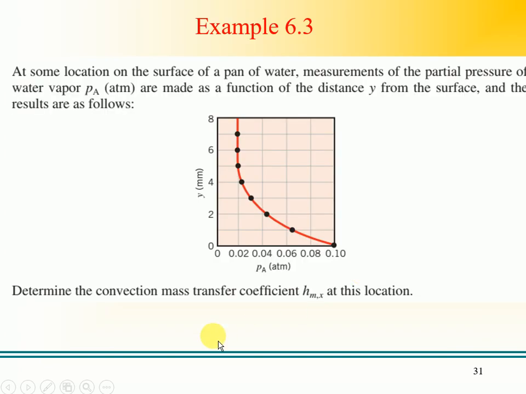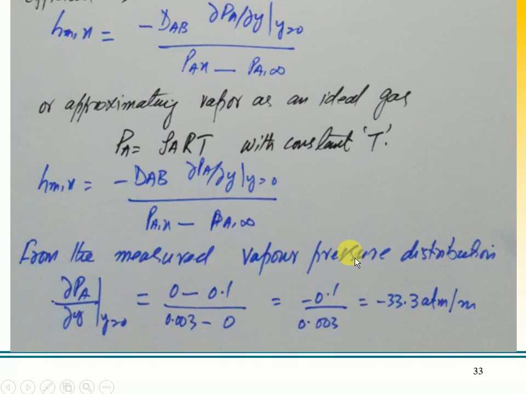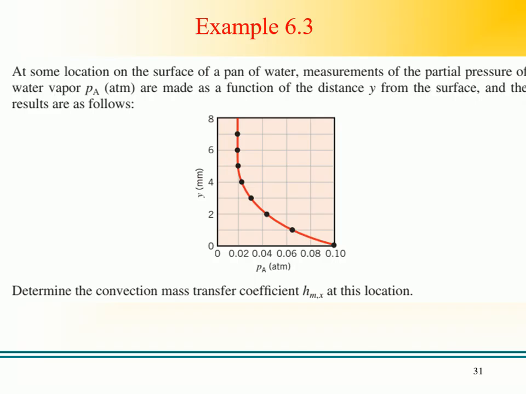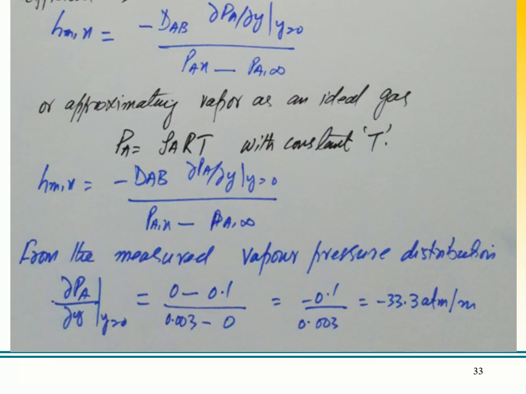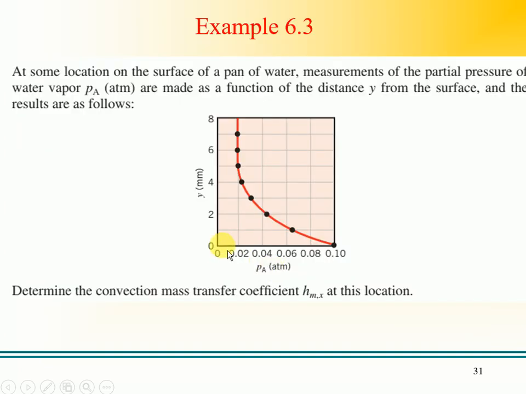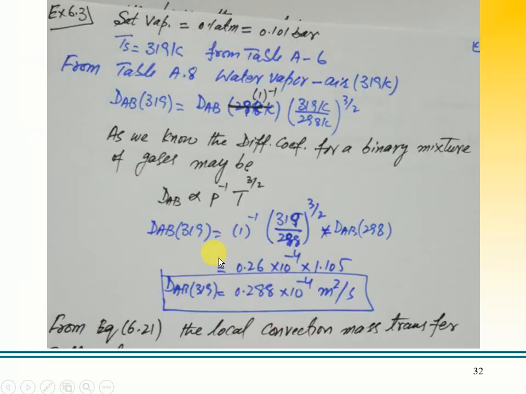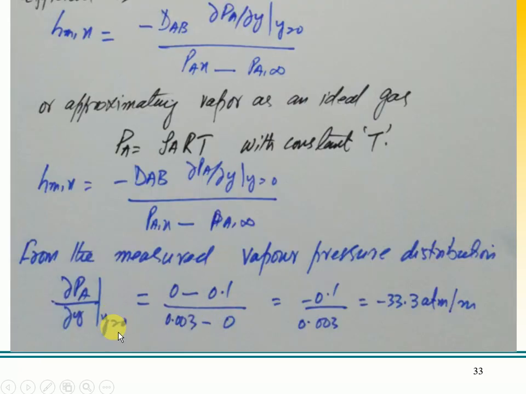it is 0, and 0.1: 0 minus 0.1 divided by 0.003 minus 0. So that is the change in pressure over the change in y. This is 0, and 0.1 is the change in pressure. And what is the change in y?